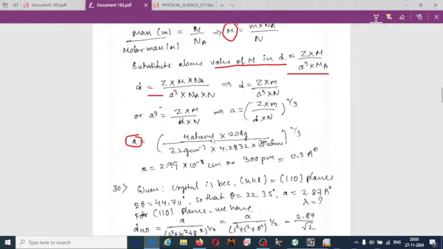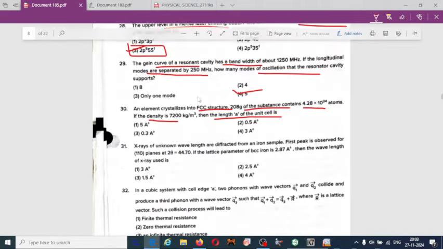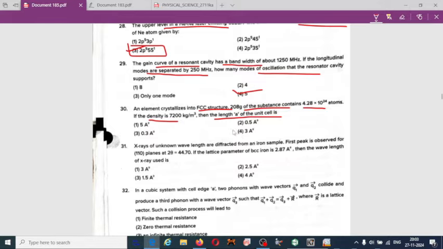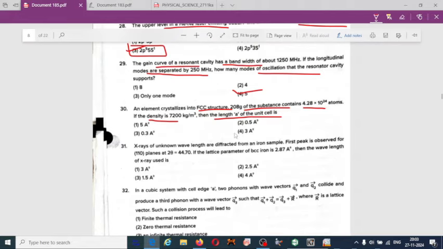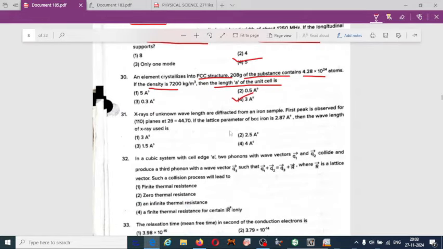So by substituting values, you will get the value of A as nearly 0.3 angstrom. Okay, the option they have given, 3 angstrom, is the correct one.